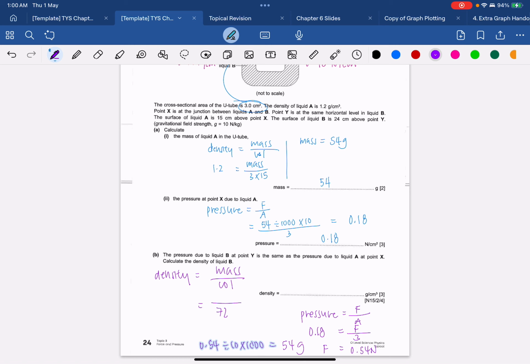This part is to convert to kg and this part helps me convert to grams. So density would be 54 divided by 72, which is 0.75 grams per cm cubed. That's it. Yay, we are done.